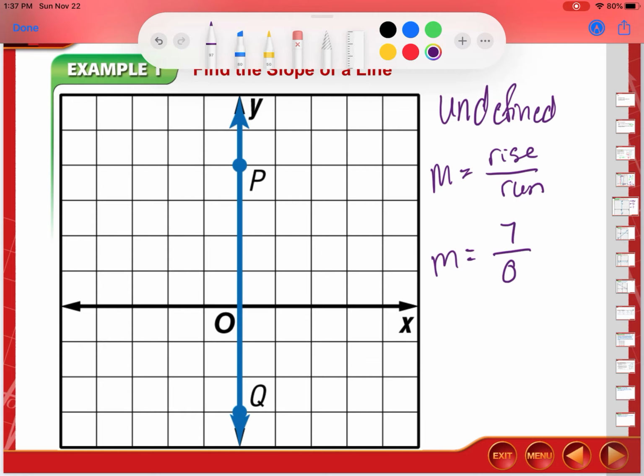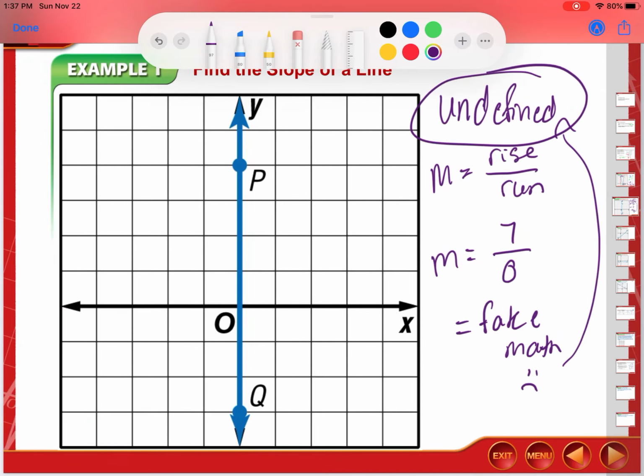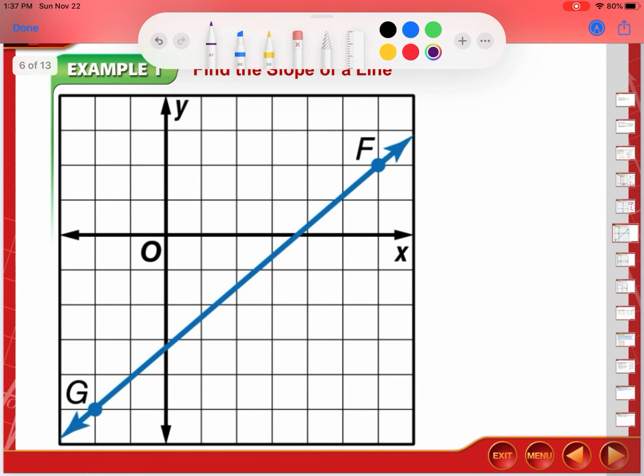So our slope is 7 over 0, which we can't actually divide and simplify because it's just not real. It's fake math, also known as undefined.